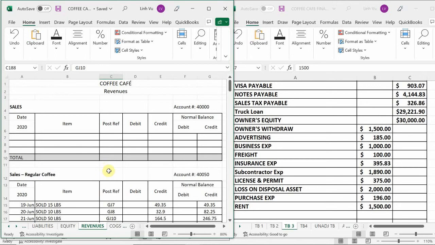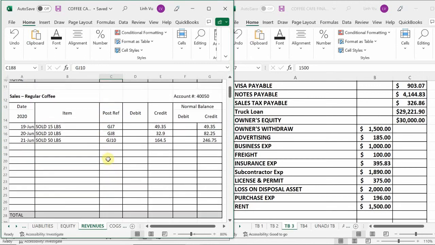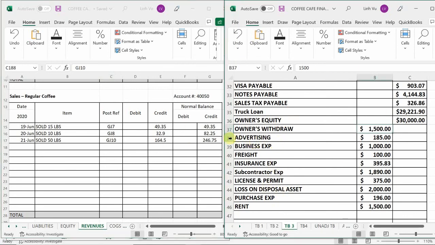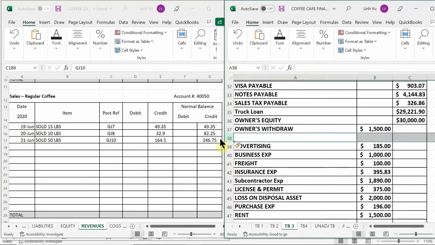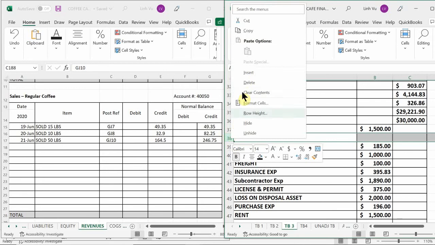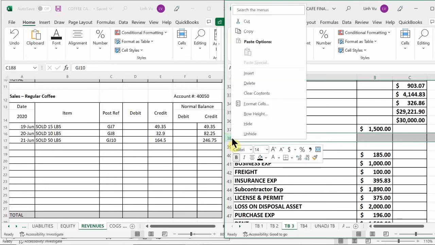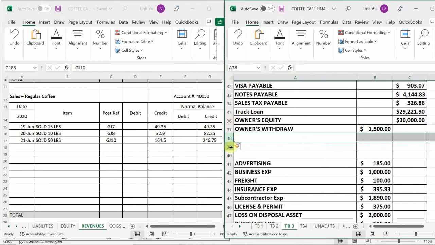So we're going to need to insert a lot of rows here for my revenues. That means I'm starting from my advertising expense. I need to insert a bunch of accounts for my sales accounts. So here, because I got sales for regular coffee, sales for Supreme coffee, ceramic coffee mugs.